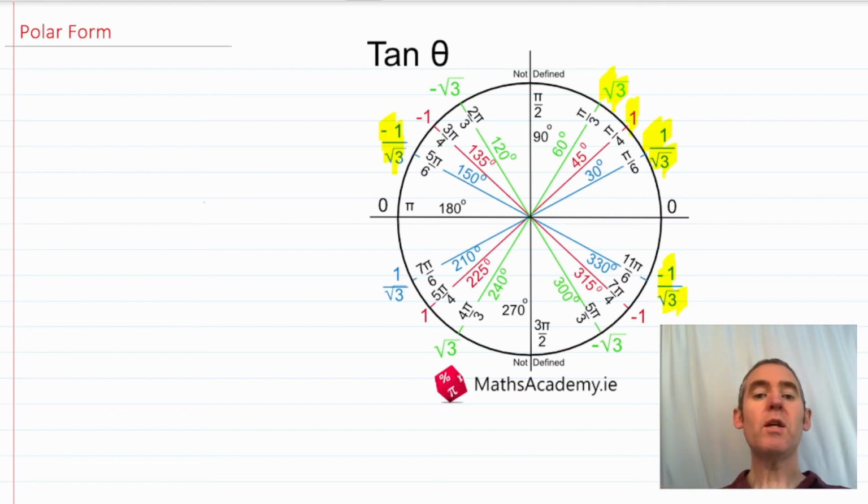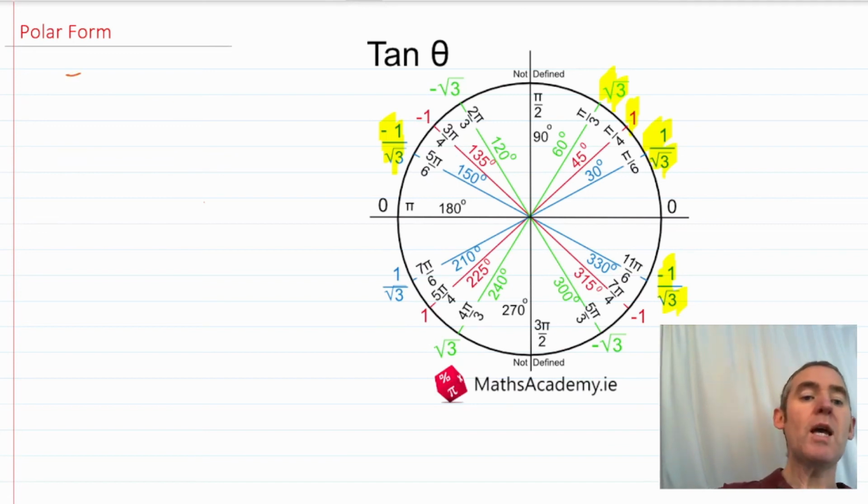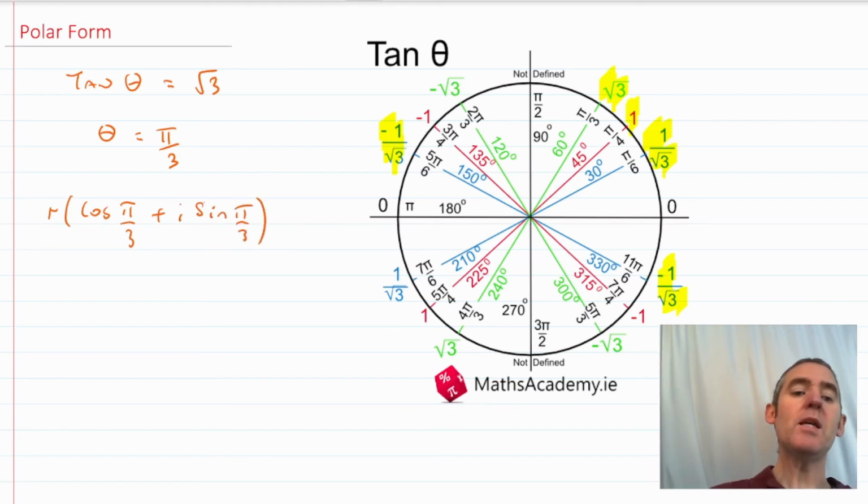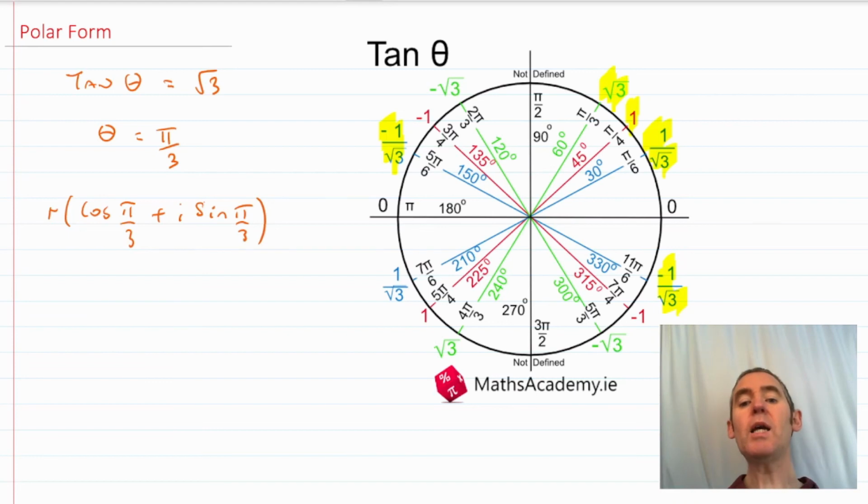To give you one example, let's say you found that the tan of theta was square root of 3. Well, in that case, what you can say is that theta is pi over 3. So you can use that in the polar form, which would be r times cos of pi over 3 plus i sine of pi over 3. This is a format that they like in the Leaving Cert.